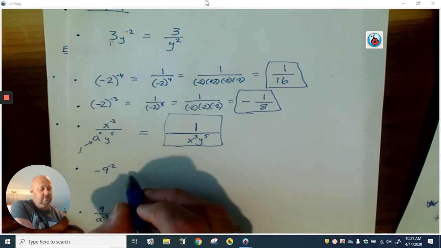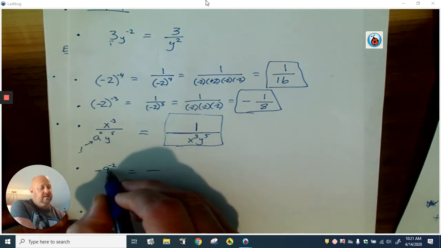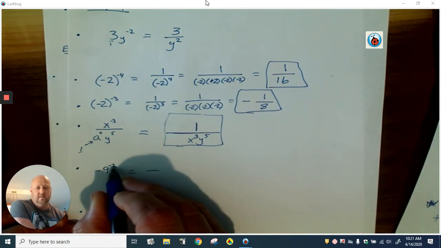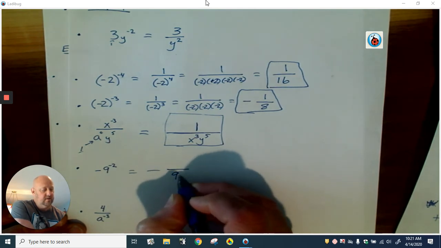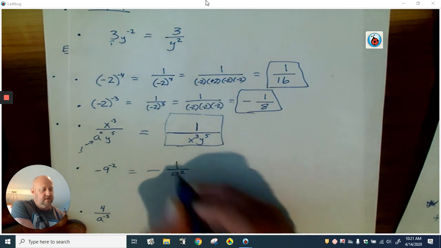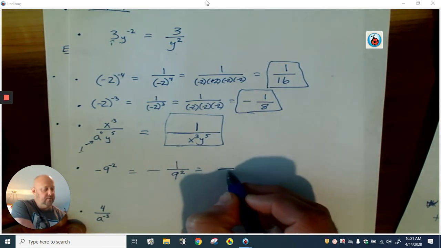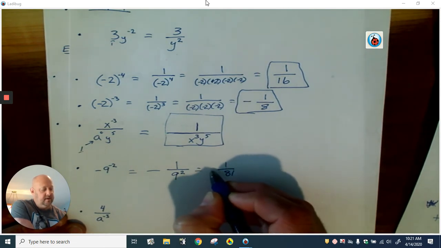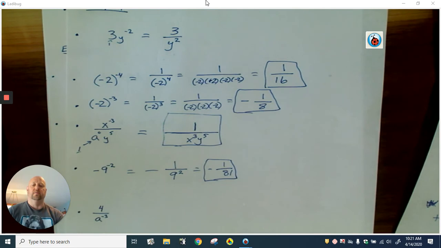So that negative is just going to stay out in front all by itself. Now, the 9 is going to get raised to the -2 power. So that 9 has to go to the denominator, and then we make it positive. Okay, and then 9 times 9 is 81. So my final answer is -1 over 81.